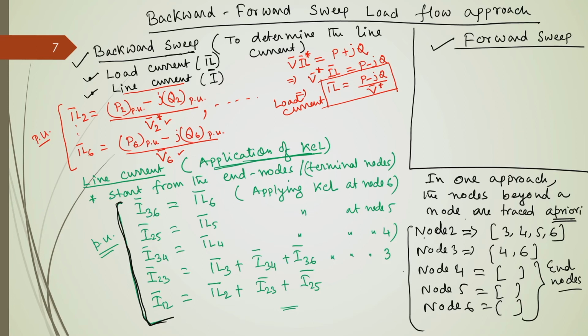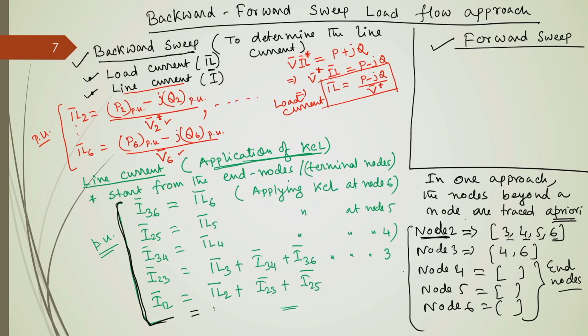For example, when you trace that beyond node 2 there are node 3, node 4, node 5 and node 6, then the current flowing through node 2 will be the sum of the load current of node 2 itself along with nodes 3, 4, 5 and 6. Let us see how. Suppose I 2 is equal to I L 2 plus I 2 3 plus I 2 5.